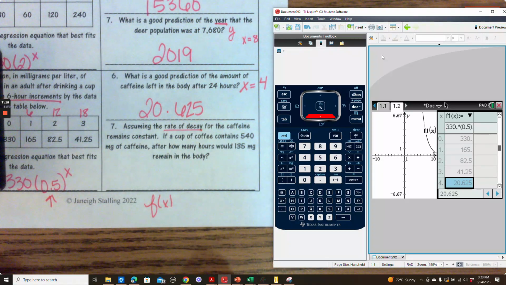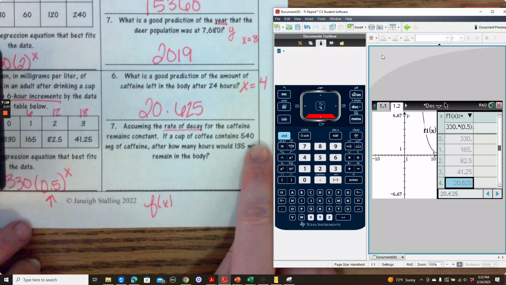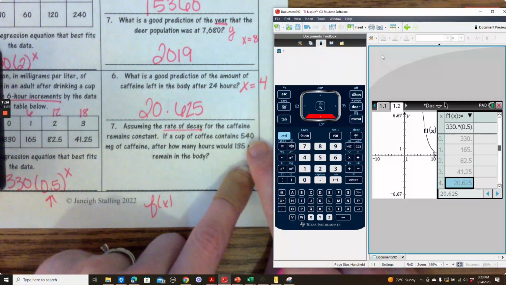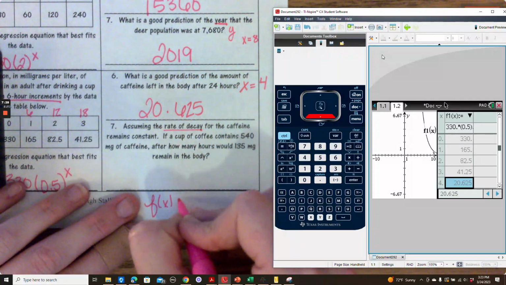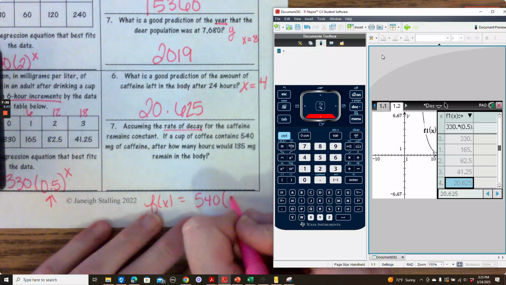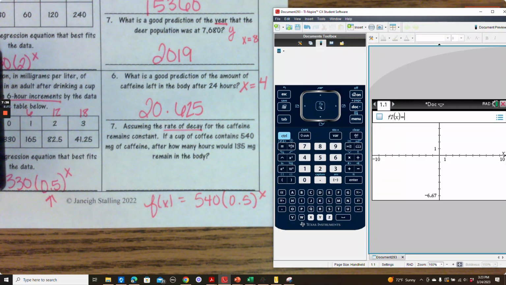So we get to keep this number, but the starting amount is now 540. So this is a cup of coffee that's maybe a small, has 330 milligrams, and then a medium has 540. So we have to rewrite this. Again, we can keep the rate of decay, and then we need to start with a fresh graph. Type this one in.